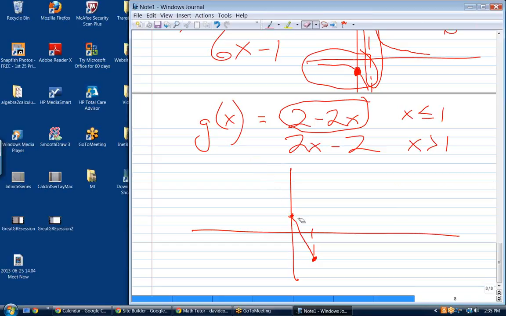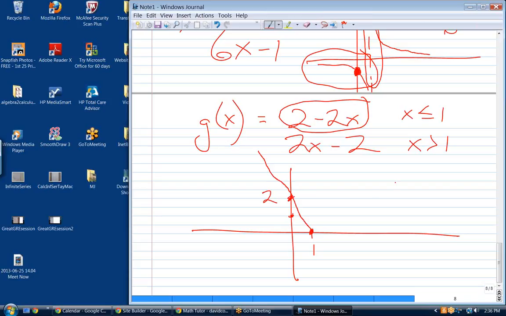Let me redraw this a little bit better. I'll call this 2 up here. Now, there's our function there, only I don't want this part of it because it ends right there with a closed dot.